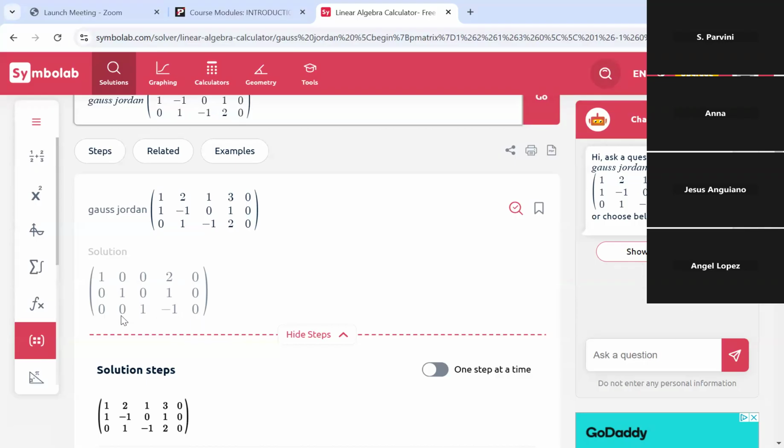So anyone want to chime in? What does this last row read? Remember, the coefficients are x, first column, x sub 1, x sub 2, x sub 3, x sub 4, and then each of those equations equal to 0. So what do you think the third row is telling us?